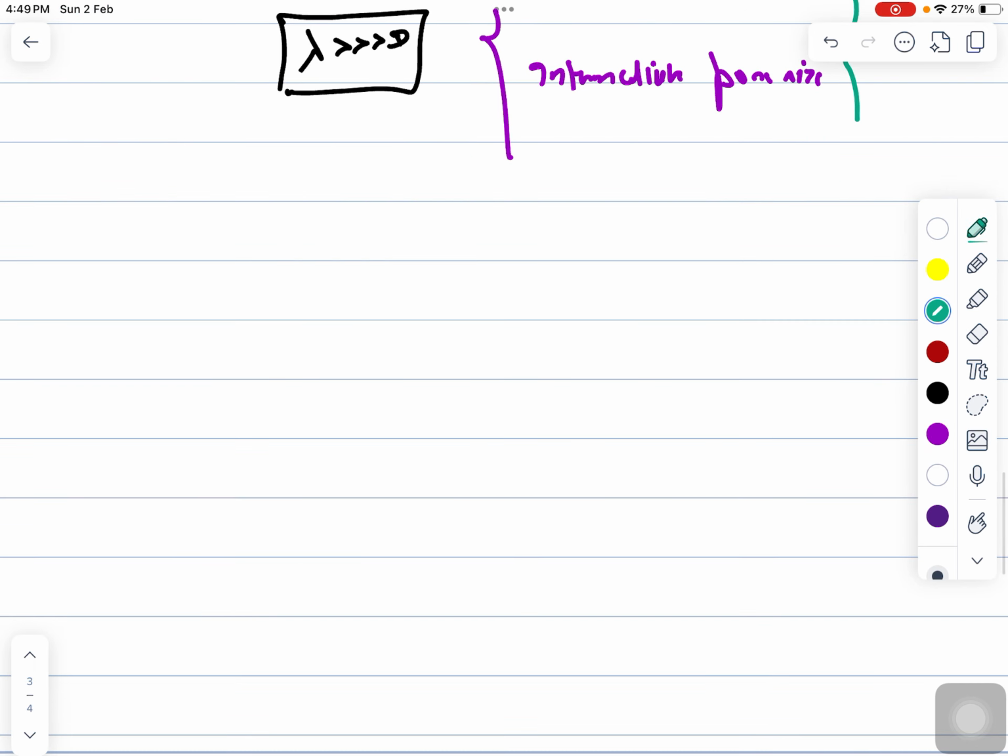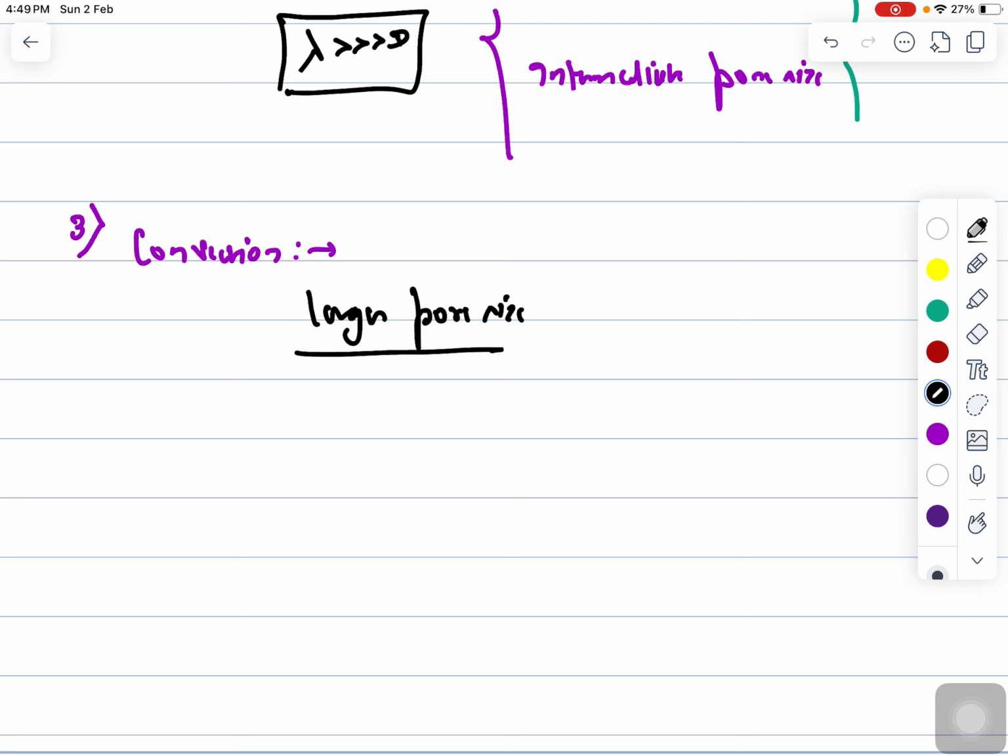And then it comes to convection, that is the third part of this: how the solute is getting transported. Here you will see there will be a larger pore size. If convection has to happen, then there has to be a larger pore size. So this will come under microfiltration.